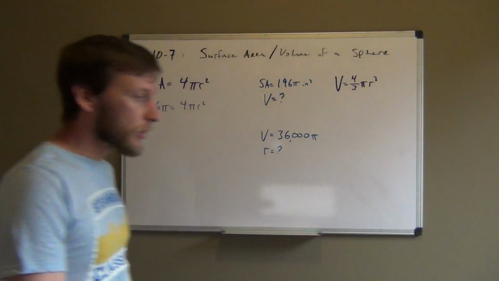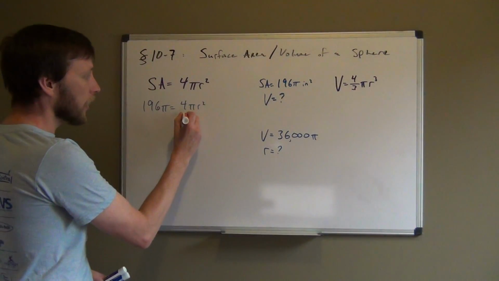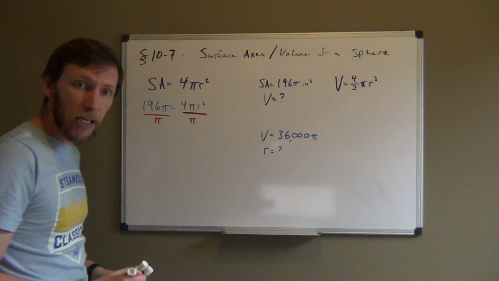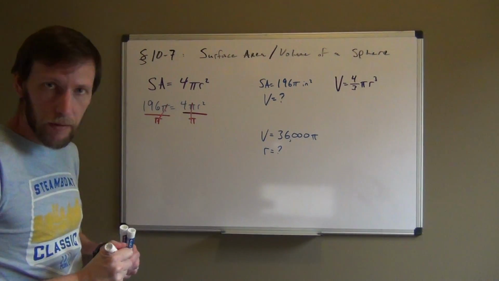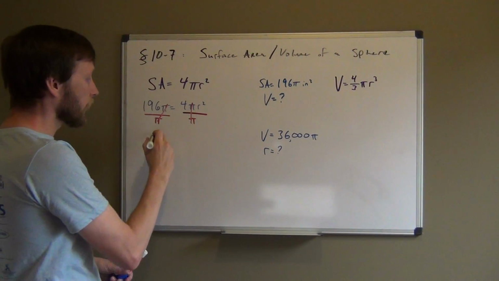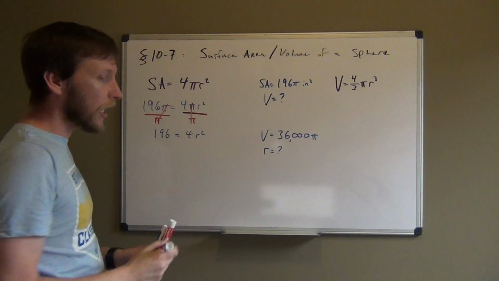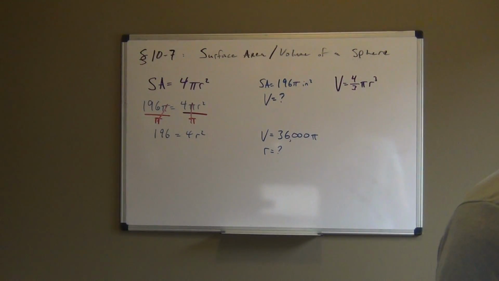The first one is to recognize that we can divide both sides by pi. When I divide both sides by pi, the pi's are eliminated. This leaves us with 196 is equal to 4 times r squared.